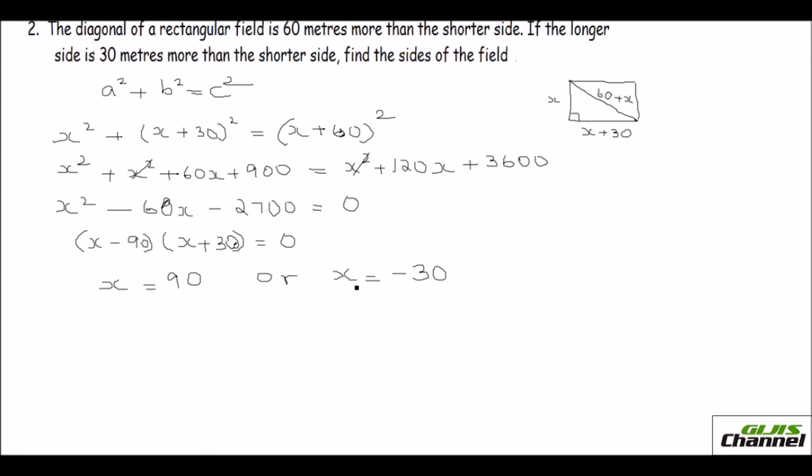X is the shortest side. The length of a side can't be negative, so this one is ruled out. We need to find all the three sides. The shortest side I have taken as x, that is what we assumed earlier, so that will be 90 meters.